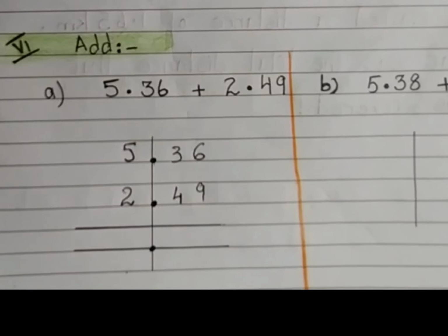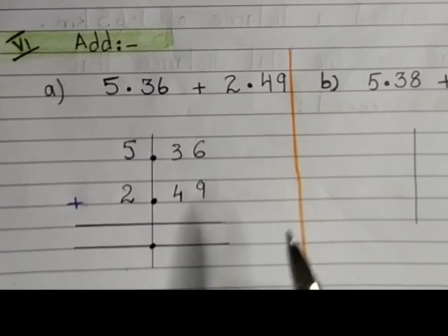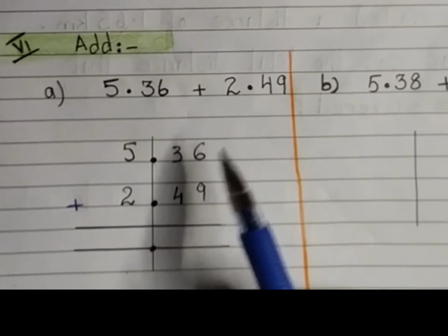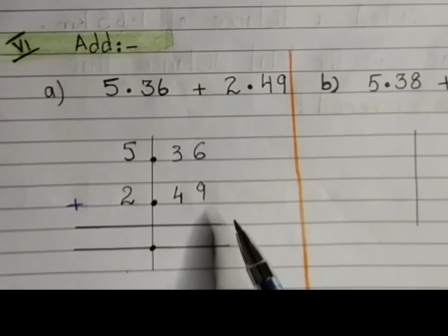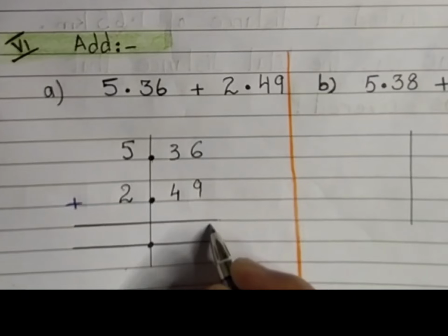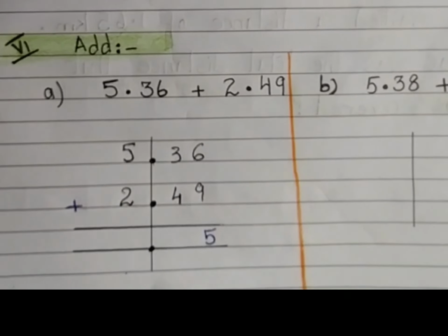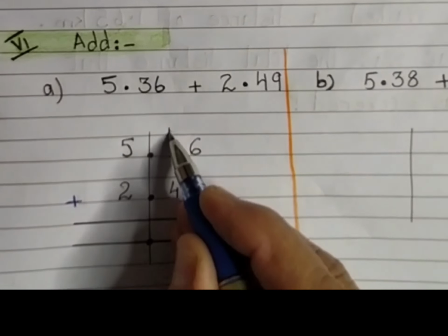So let me change the pen. Okay, let's add this up. 9, now starting from 100th. 9 plus 6 is giving me 15. So my 5 goes down. We all know our additions very well. And 1 goes up.